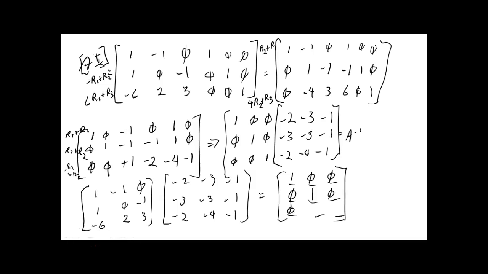Then the next entry is the 3,2, so third row, second column, +18, -6, that would be +12, and then another -12 will be a 0. And then the 3,3 entry is third row, third column, that's a +6, a -2, that would be a +4, -3, 1.